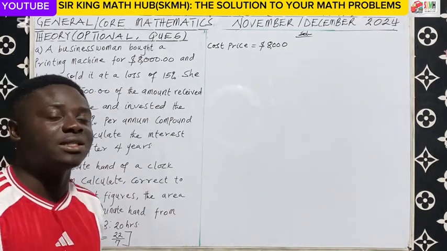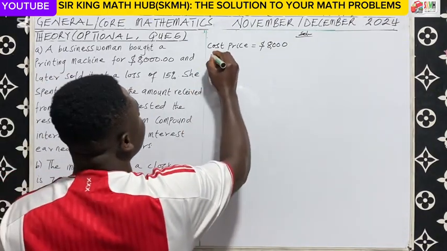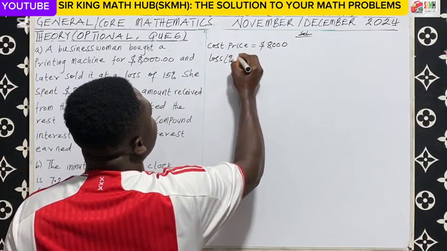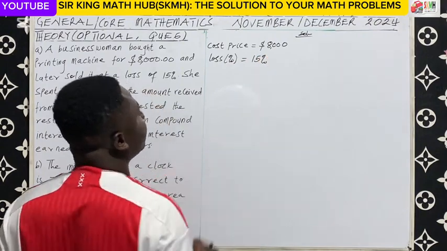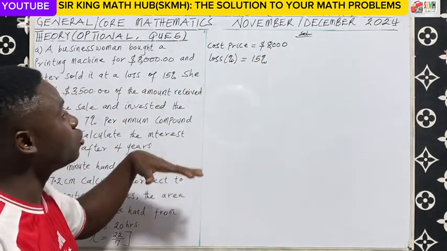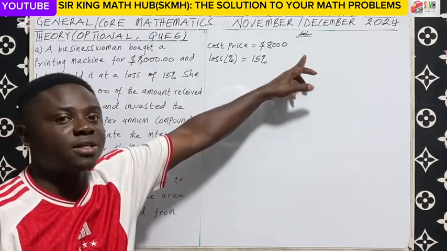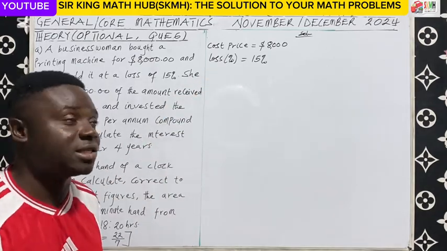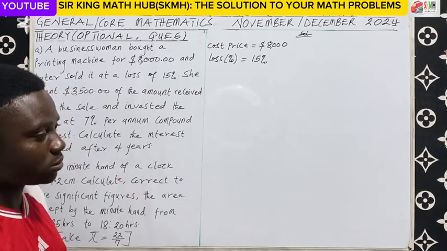So let's calculate the actual selling price of the printing machine. Yes, we know that she made a loss, that is, the loss percentage is 15%. So because she made a loss, it means that she sold the printing machine at a price lower than the cost price. So how then do we calculate the actual selling price, knowing that she made a 15% loss?